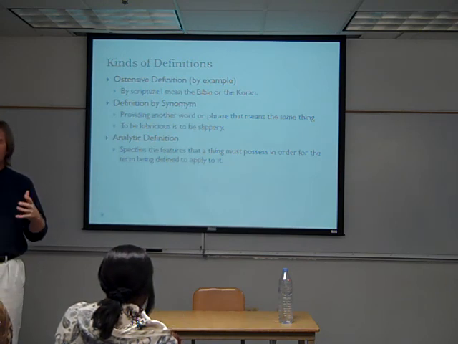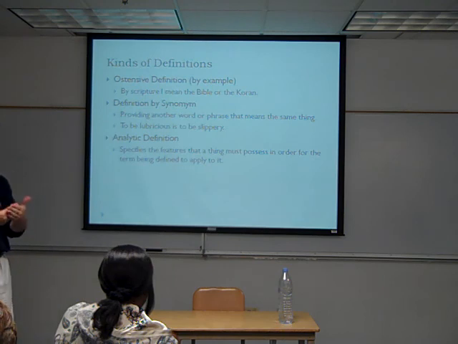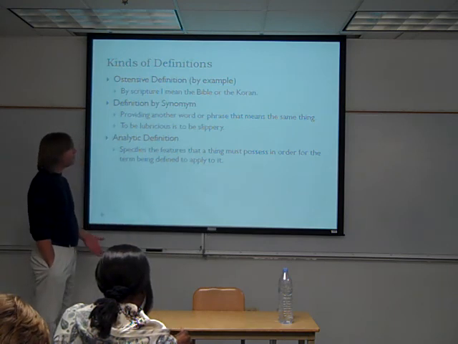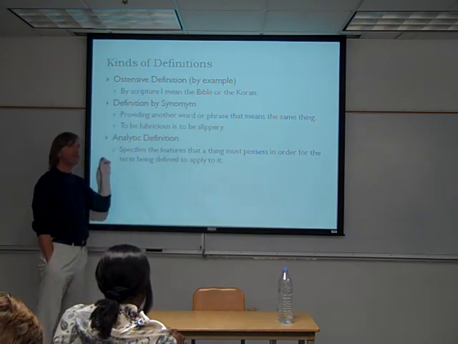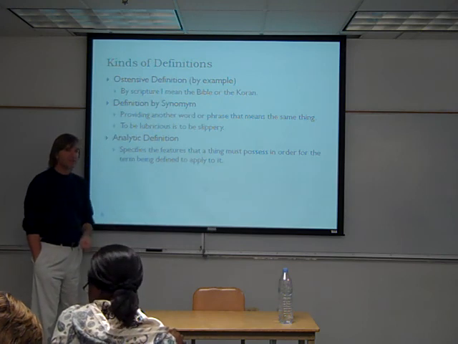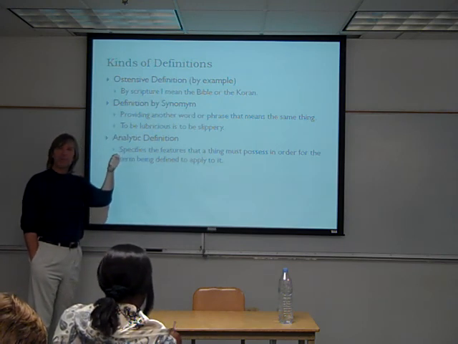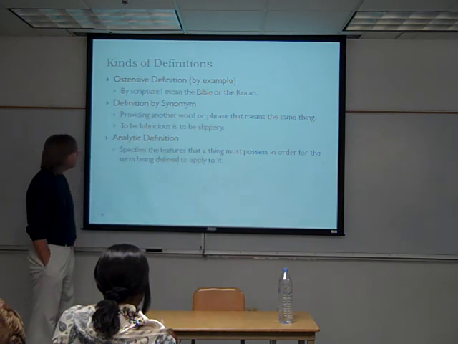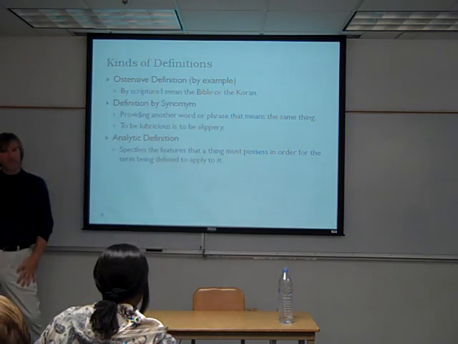And so if anything has these conditions, it will have to be a triangle. It's logically impossible for it not to be a triangle. So when we provide those necessary and sufficient conditions for that term to apply to something, then we're providing what we call an analytic definition.